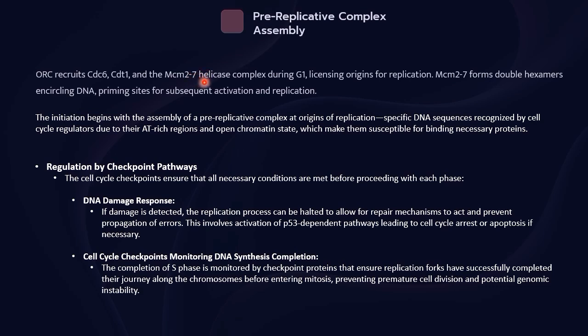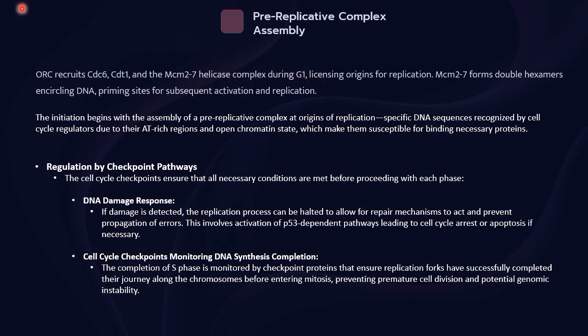Just like in the case of ORC, there are ORC1, 2, 3, 4, 5, and 6 proteins. In the case of the MCM2-7 helicase complex, there are MCM2, 3, 4, 5, 6, and 7. This is also a hexameric complex.